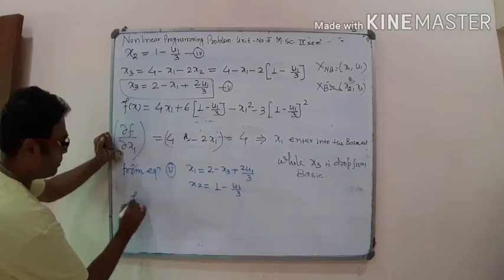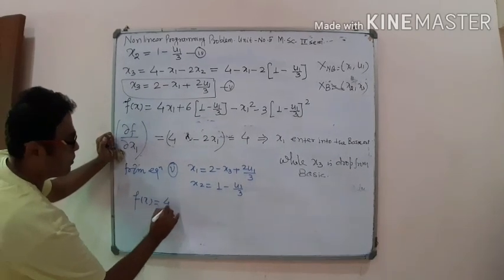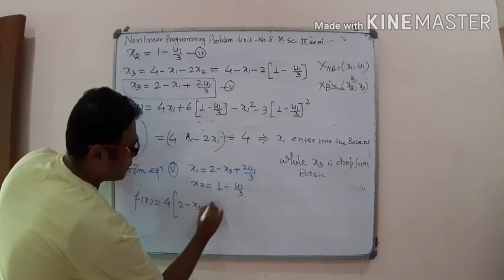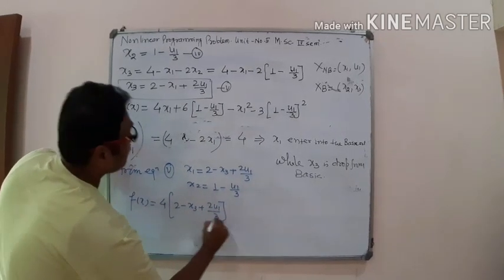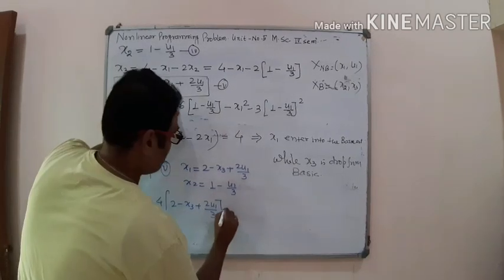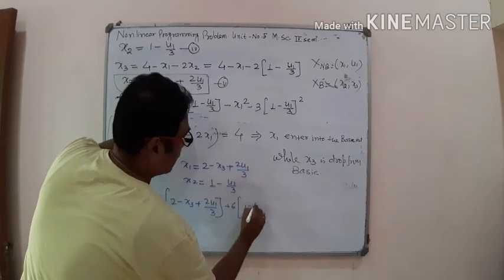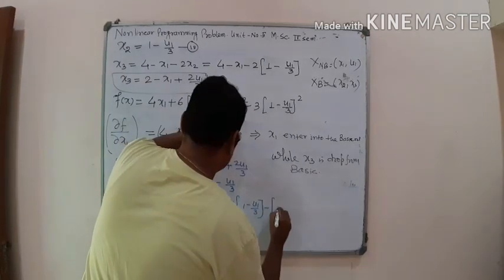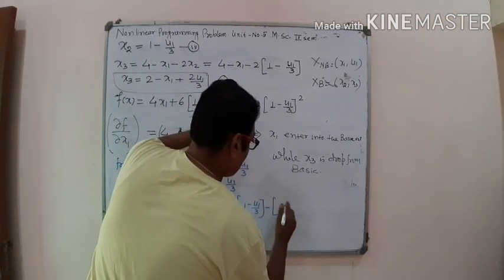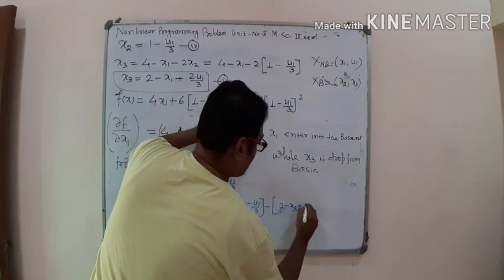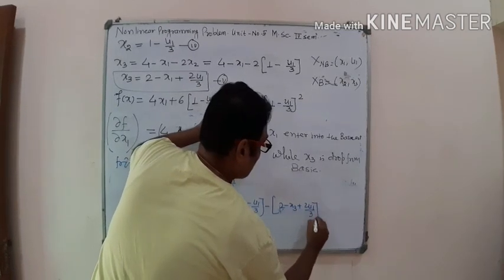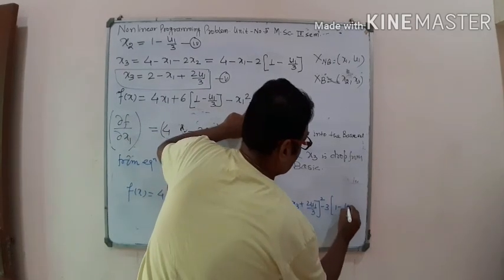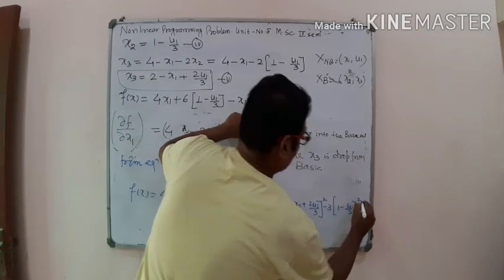The objective function becomes f(x) equal to 4 times x1, 2 minus x3 plus 2u1 upon 3, then plus 6 times 1 minus u1 upon 3, minus x1 squared, that is 2 minus x3 plus 2u1 upon 3 whole squared, minus 3 times 1 minus u1 upon 3 whole squared.